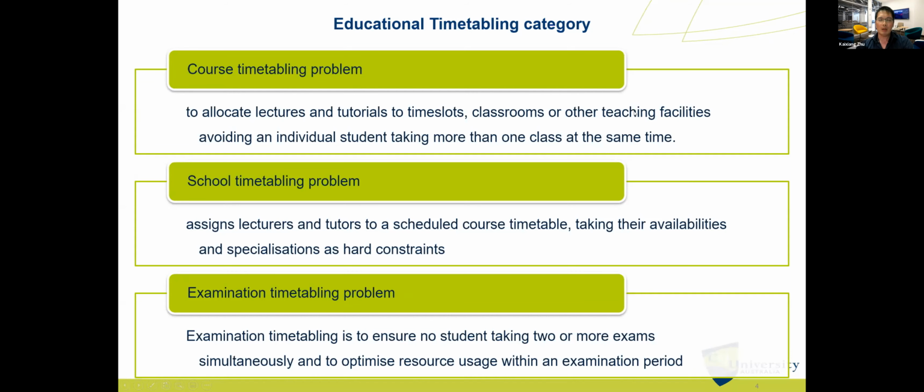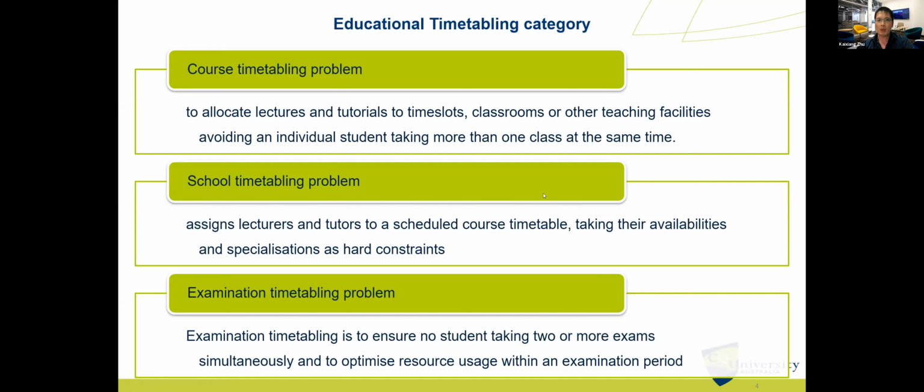And educational timetabling can be categorized in many ways, but I just chose this way to explain them. It can be divided into course timetabling, school timetabling, and examination timetabling. Course timetabling is to allocate the teaching resources such as time and classrooms.